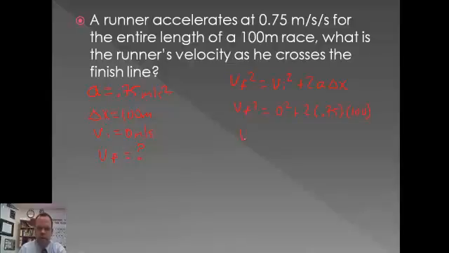So we multiply. VF squared equals 150. So VF equals the square root of 150. We get a VF of 12.25 meters per second.